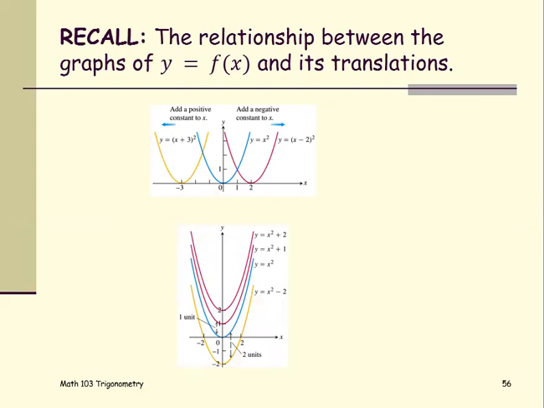For the other translations, this time, if you add or subtract numbers or insert a term in the equation of the function, this will cause a translation in the position, not the shape. So the graph remains the same shape. For example, y equals x squared. When you add 3 to the x before you square, the graph moves to the left 3 units, the same shape.